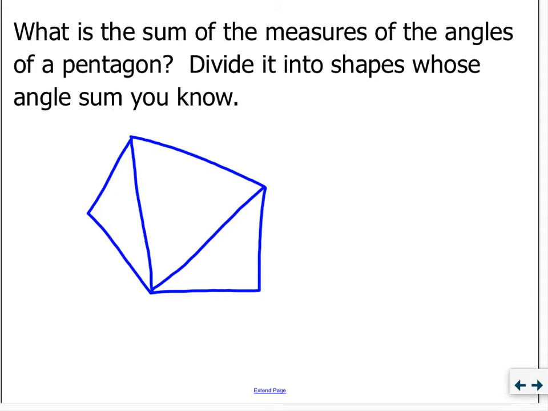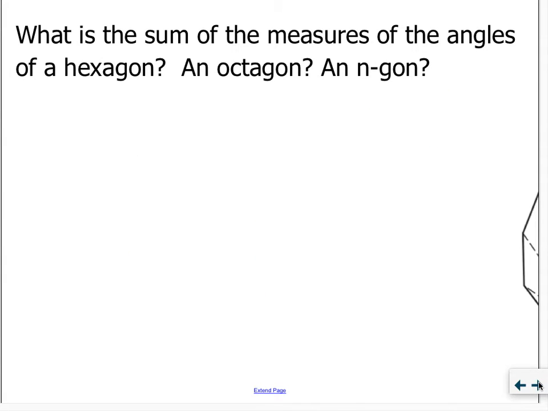So now I have 3 triangles, each of whose angle sum is 180. 3 times 180 is 540 degrees. Very nice. So I think we get a little bit of an idea here. Suppose we wanted to sum the measures of the interior angles of a hexagon.